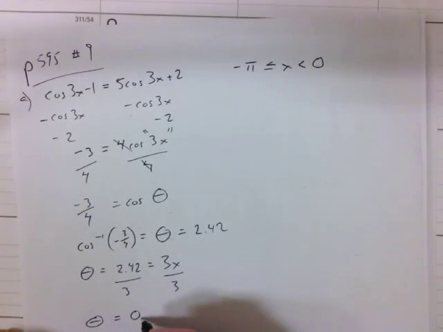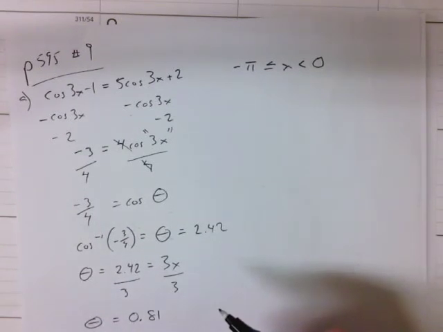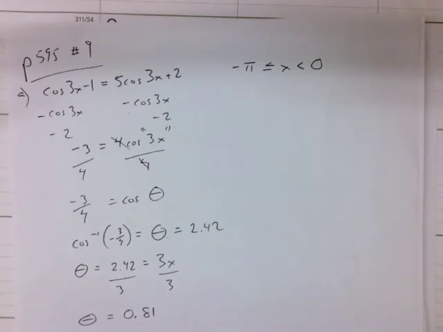So x equals 0.81, over the set of real numbers. Okay, so x is 0.81.